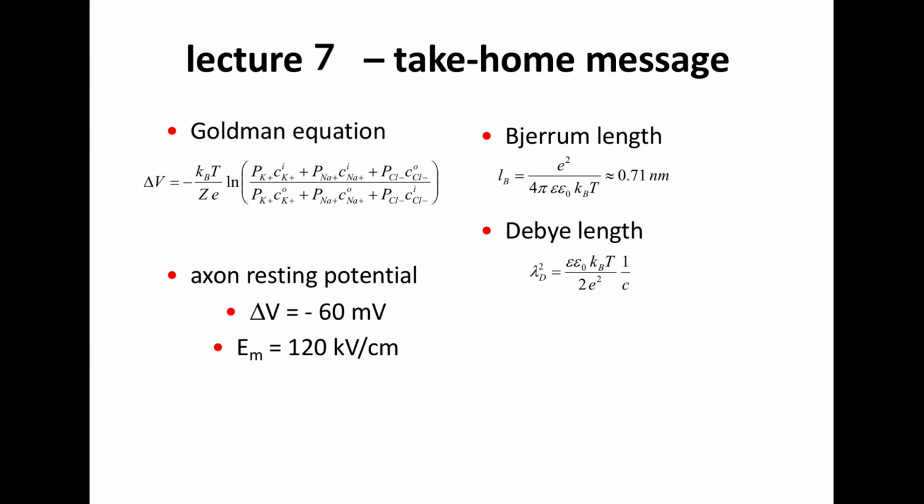Then we looked at the ion concentrations close to the membrane, and we saw that there is a pile-up of ions very close to the membrane, and the thickness of this double layer of ions is dictated by the Debye length, which scales with the concentration of the ions in the solution.